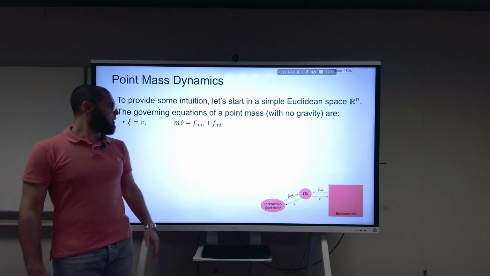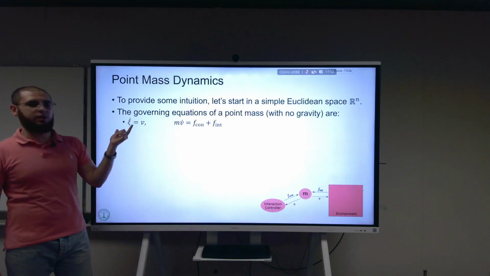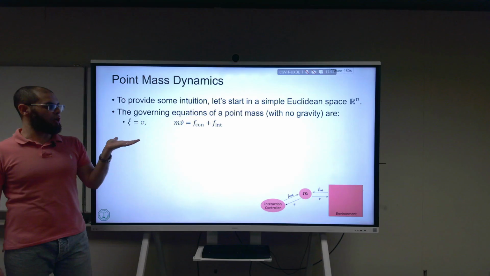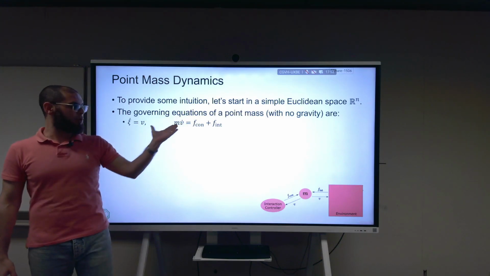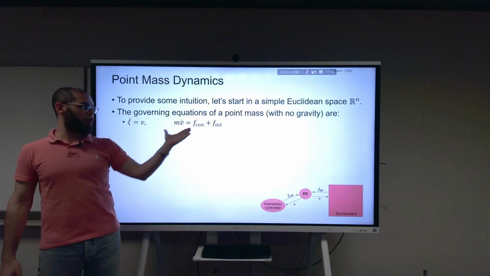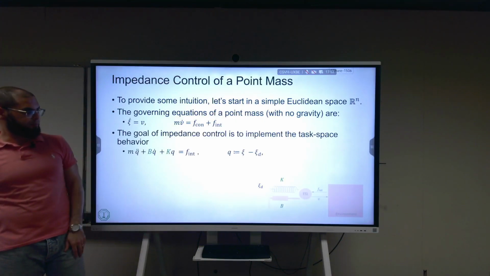Now the governing equations of motion of a point mass are psi dot equals v, so the rate of change of position is equal to velocity, and m v dot, the rate of change of the momentum, equals the applied force. I have a force from the controller and a force from the interaction with the environment.